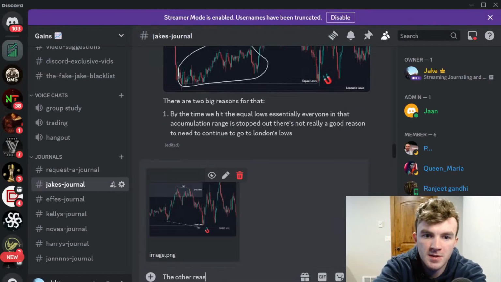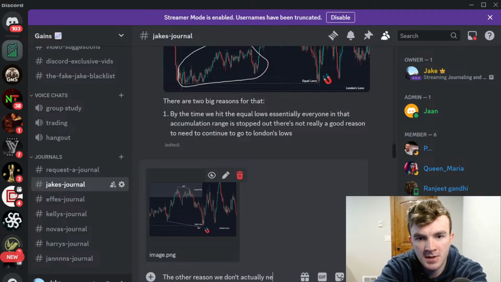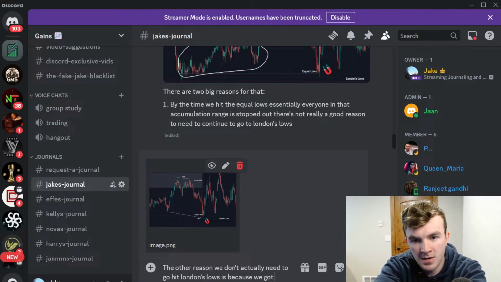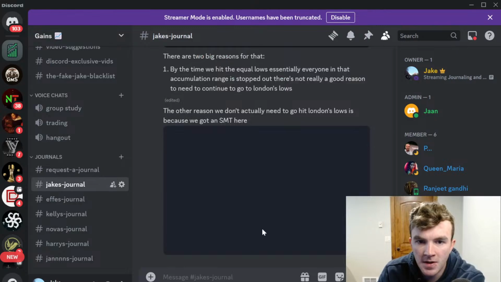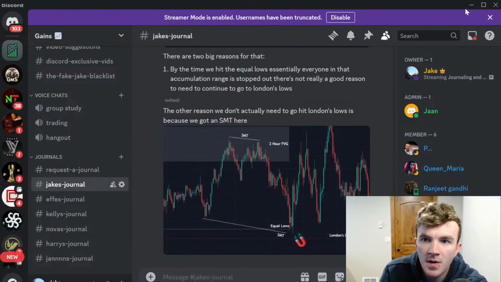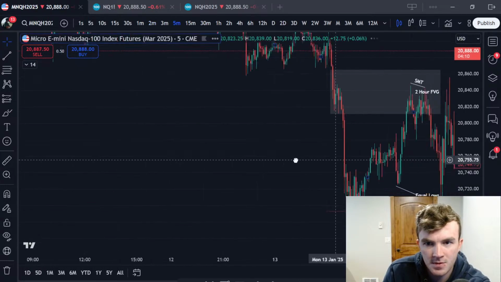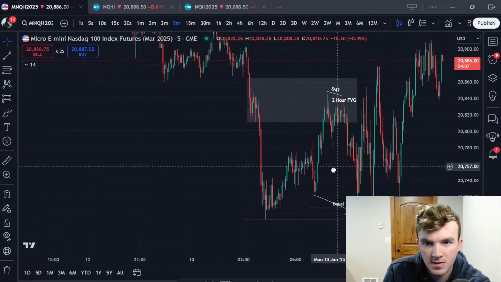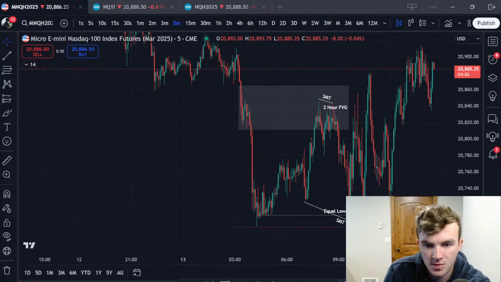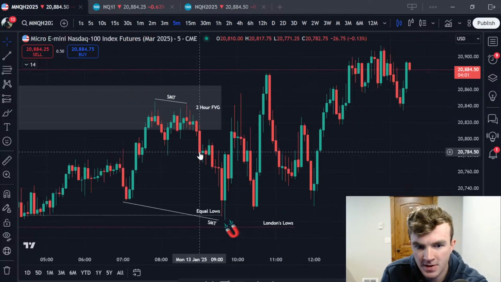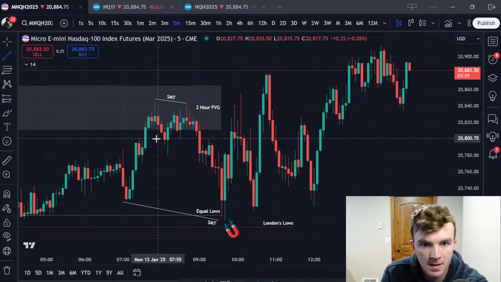The other reason we don't actually need to hit London's lows is because we got an SMT here. Now, we get a 5-minute change of state delivery that occurs right here.